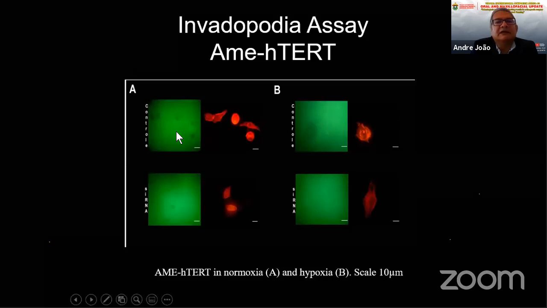Look, in A we have a normoxia condition, and in B we have hypoxia condition. We have dark areas in the gelatin of the control and few areas of degradation in cells with NOTCH1 knockout.